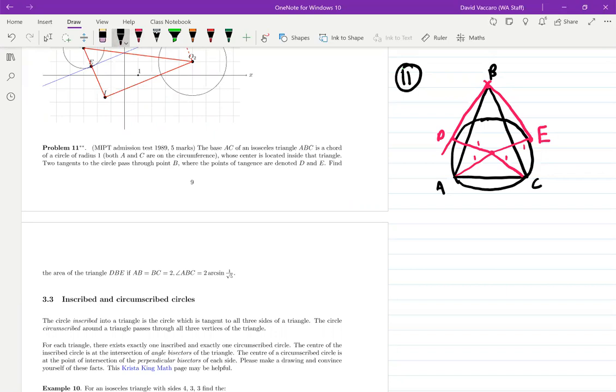Okay, so let's just use what we know. So AB is 2. Angle ABC is 2 arc sine 1 over root 5. So this angle here, theta, which is the semi-vertical angle at B, is equal to arc sine 1 over root 5.